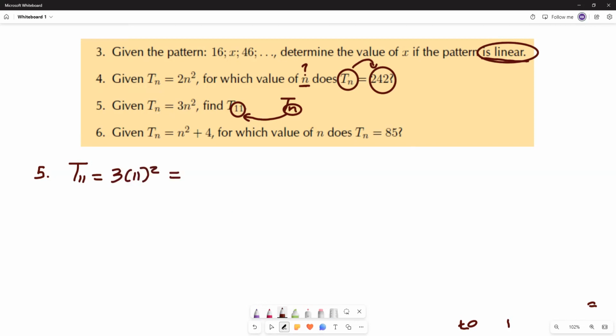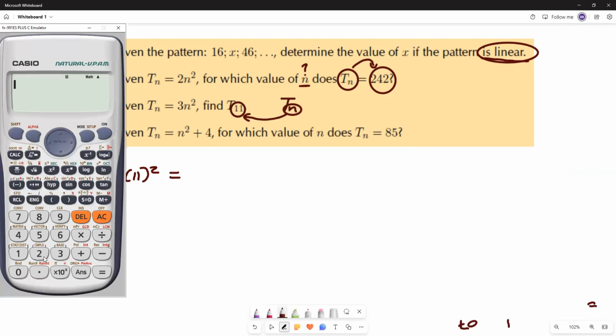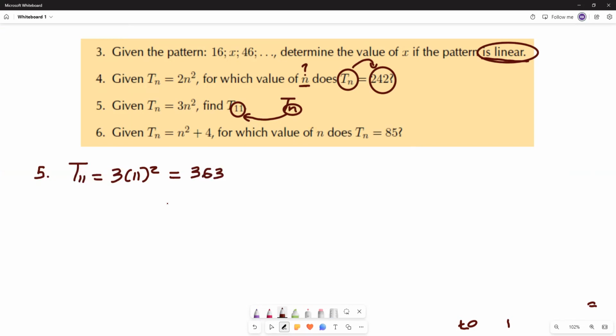Let's see what that gives us. So 3 in brackets 11 squared, right? That gives us 363. Then that is number 5 for you, right? Let us now do number 6. On number 6, we are given a quadratic number pattern, for which values of n, so they want us to solve for n, where Tn will be equal to 85.